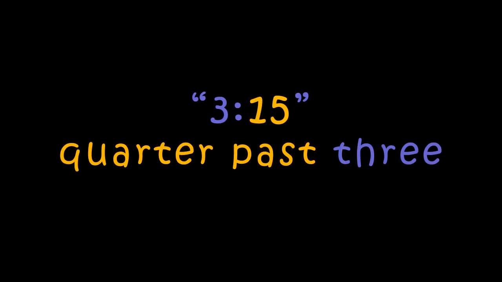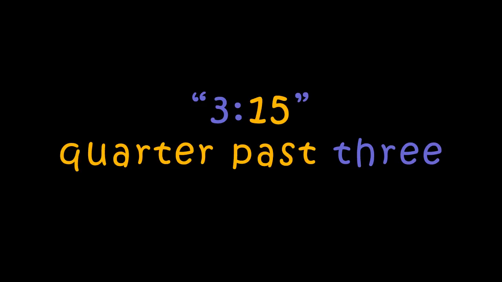Whenever the long hand is on 00, remember, that's always read as o'clock. When the long hand is on 15, we read that as quarter. Occasionally, you will hear people say 15 past 3, but that's almost never.